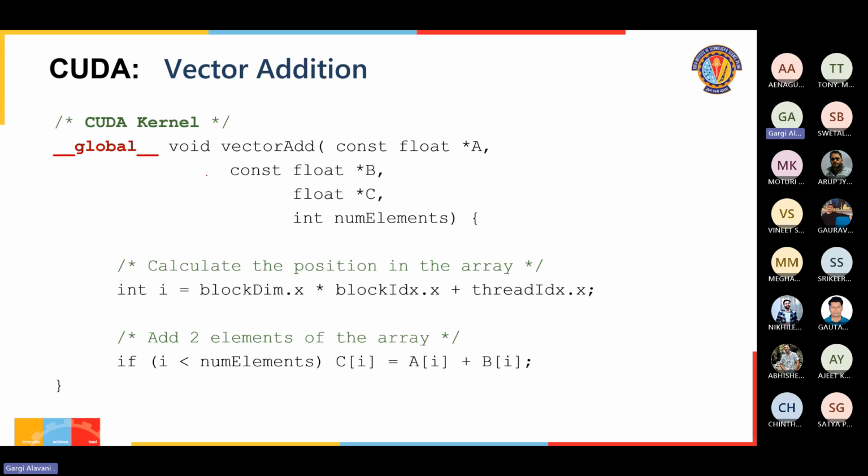We calculate this index using block dimension and thread dimension, and we'll discuss this in later slides in detail, so do not worry about it much now. Then you do the addition of two elements A[i] and B[i] into C[i] using this index. You verify that this index is less than the number of elements so that you do not compute beyond the number of elements.